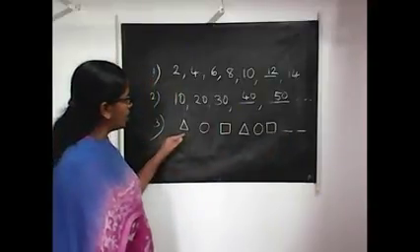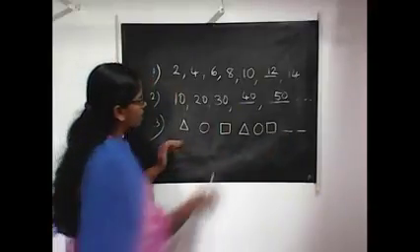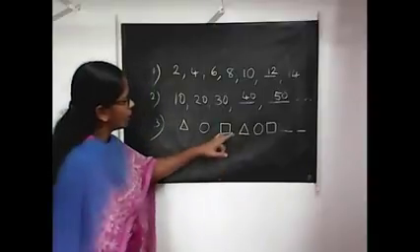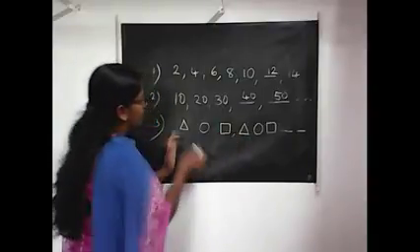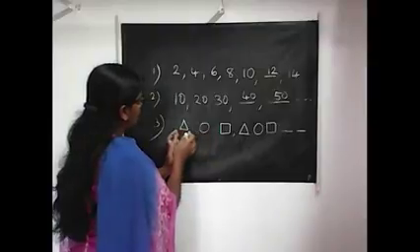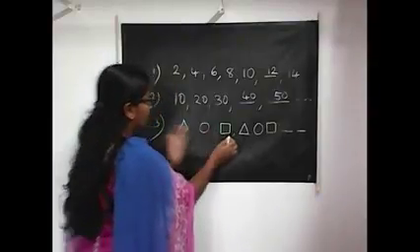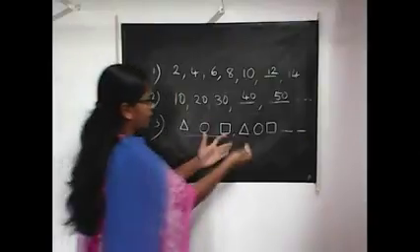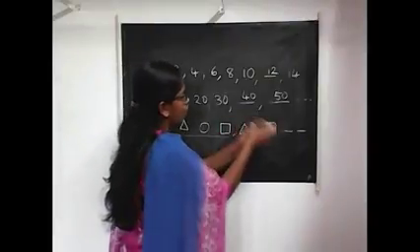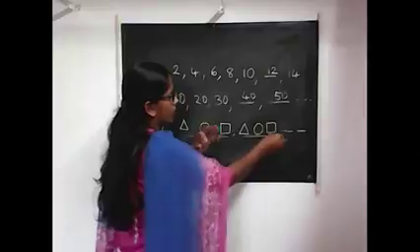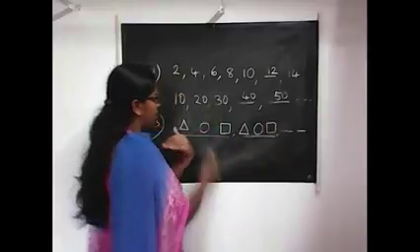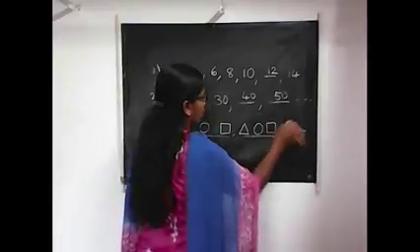Look at the order. We can see the repetition after this square. So put a comma there where it is repeating. Square, triangle, circle, square. One pattern it is. This is the order. After that again, triangle, circle, square. Okay, next it will start again, triangle, circle.